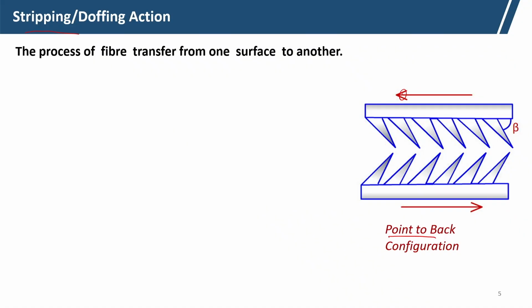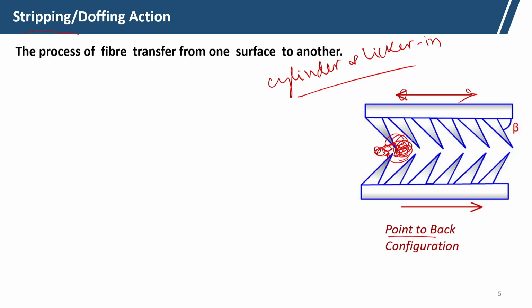Normally, in the case of cylinder and Licarin, they move in the same direction. Suppose here we have a wear point and the surface, this surface is slower and this is faster.